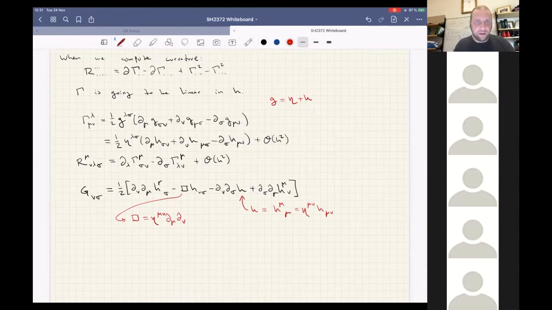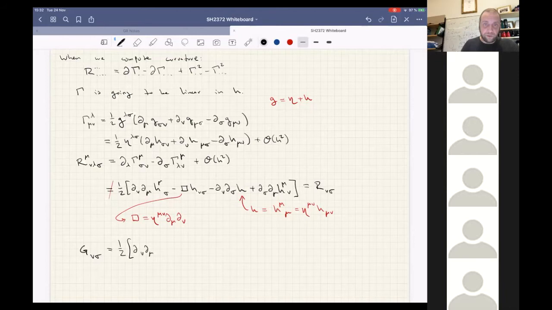Oh no, I see. I copied the wrong expression here. Of course I did. So this is actually not the case. This was the curvature tensor, or rather this is R mu sigma, so this is the Ricci tensor. The actual expression for the Einstein tensor is a little bit more complicated. Let me just write it down very quickly.